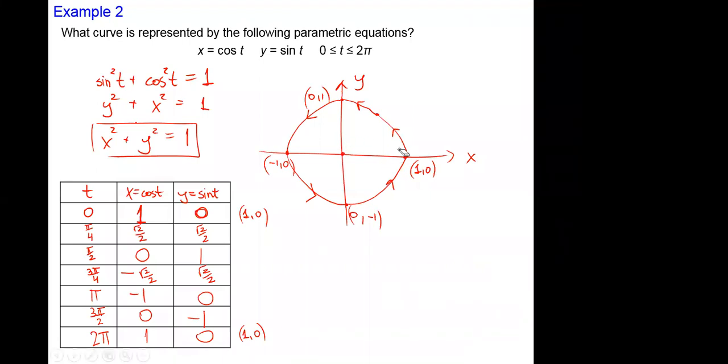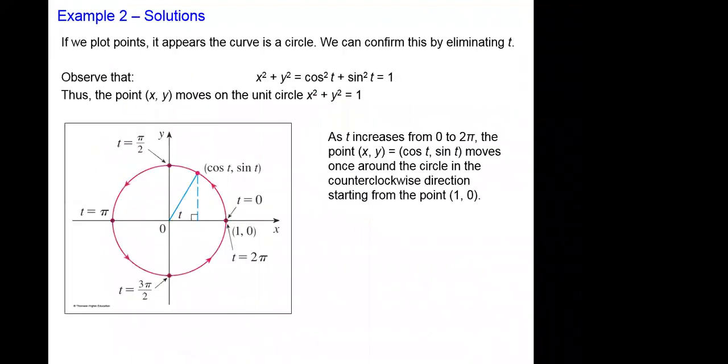That means with trigonometric functions we always use some identities to eliminate the parameter. Usually, of course, we may have formulas that we can just manipulate the expression. Okay, and this is the solution.